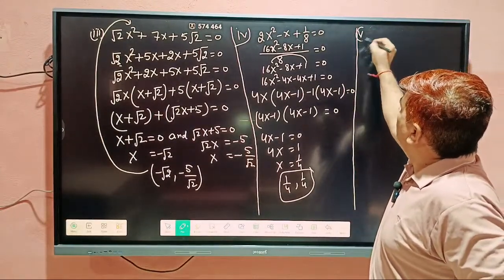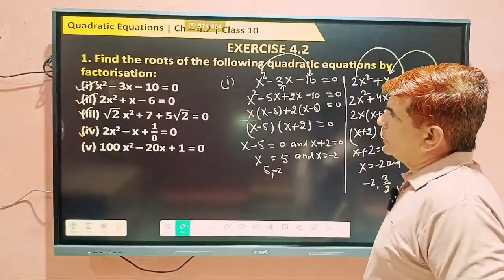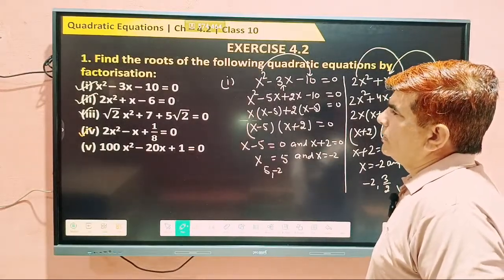Now it's the last part. What's given? 100x square minus 20x plus 1.